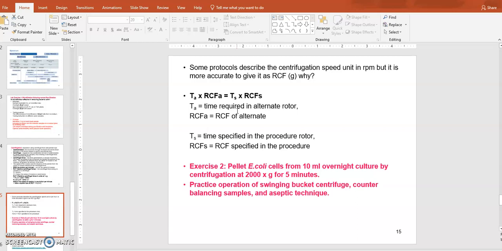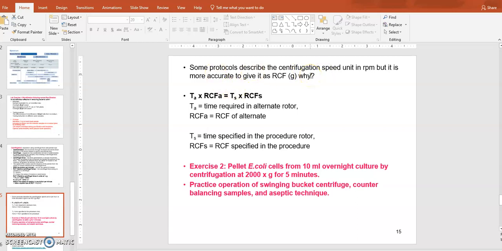Which one will create more RCF? Of course, the rotor with the larger radius will give you a much bigger centrifugal force. So the centrifugal forces applied in two different centrifuges are different, although they are spun at the same speed, RPM. Does it make sense? Because of that, you want to use RCF in your centrifugation instruction or description.